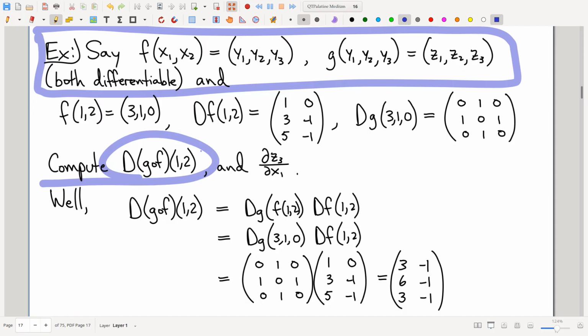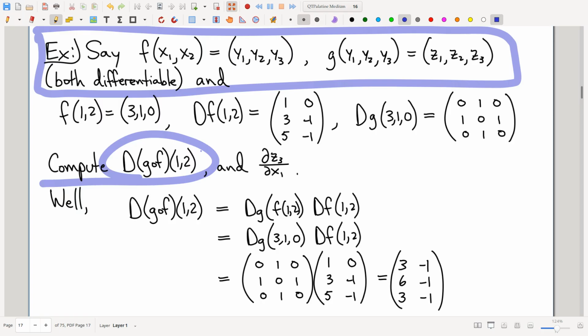Notice I have it set up very conveniently and appropriately where f takes x's as its inputs, gives y's as its outputs. What comes out of f is what goes into g. That's how compositions work. And then what comes out of the g function I'm calling the z's. All right, so this is set up just like on the previous page.